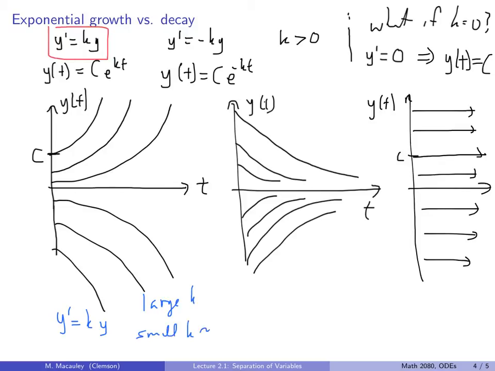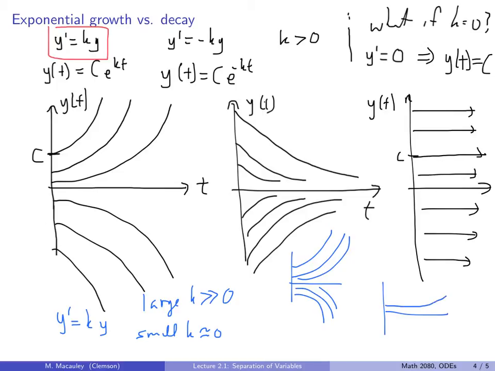So k in this case is approximately 0, and here k is much bigger than 0. What's going to be the difference? The answer is, think of it like your investment. With large k, it's going to grow quickly. Maybe I should even have drawn it steeper than this. In your second case, with small k, your investment is going to grow slowly.